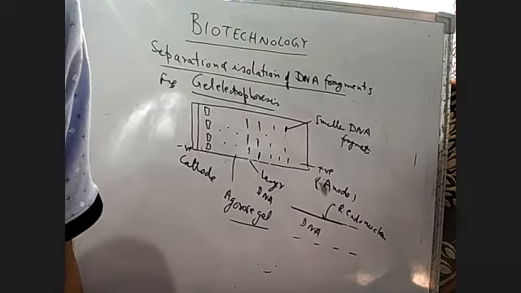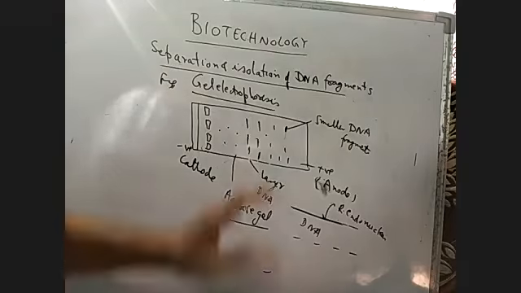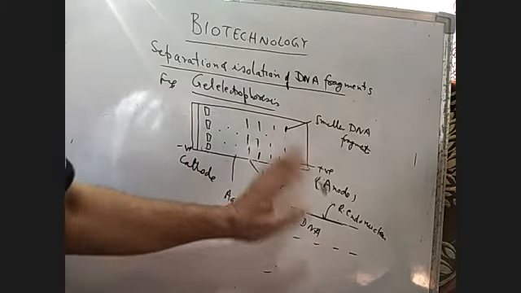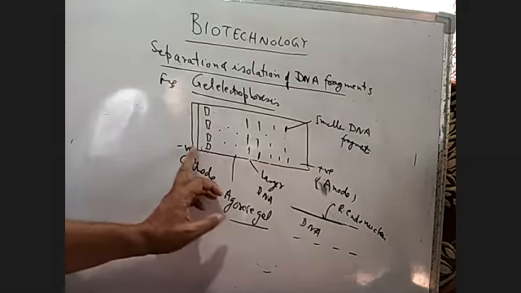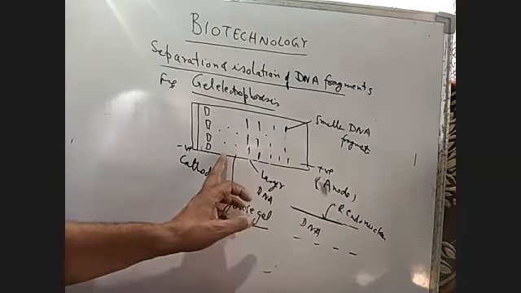Under an electric field, DNA fragments will move toward the anode, or positive charge, because DNA is negatively charged.